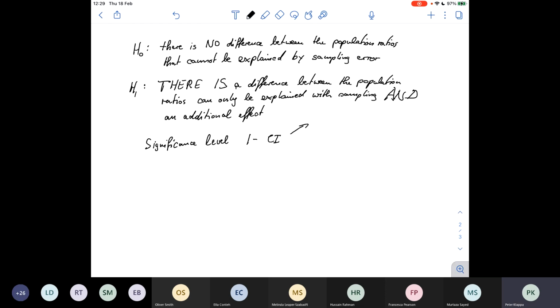So if we want a confidence interval of 95%, which is pretty much standard, our significance level, this alpha which you sometimes see, would be 1 minus 0.95. So that would be 0.05, which is the same as 5%.